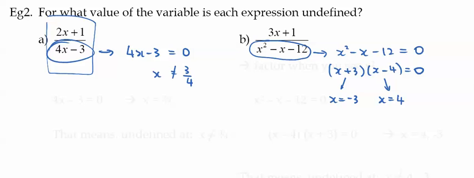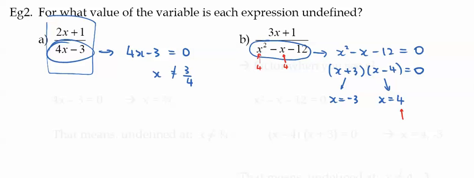If you are using -3 for x, substituting -3 into the denominator, it will turn this denominator into 0. Or if you use x equals 4, put it into this and that, it will also turn this denominator into 0, making the whole thing undefined.